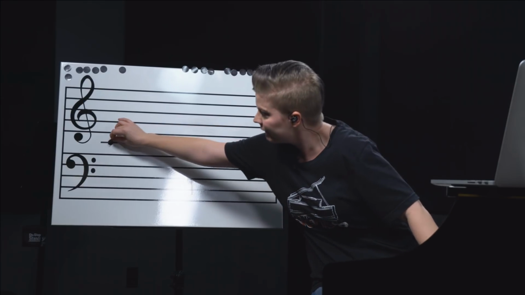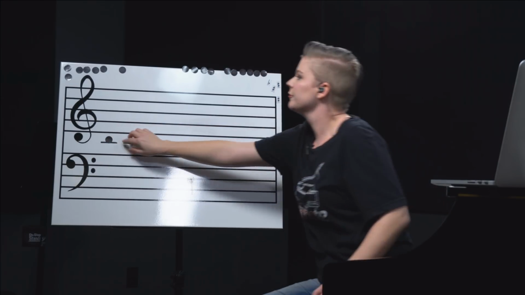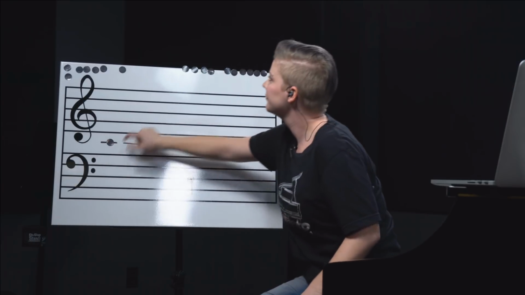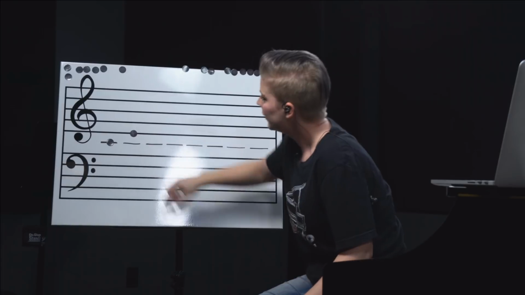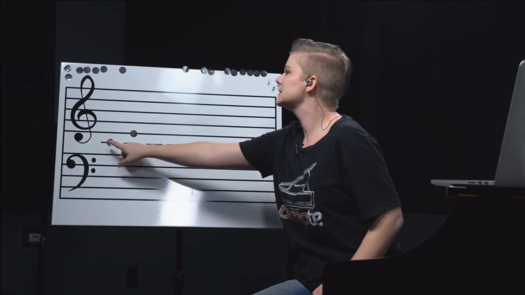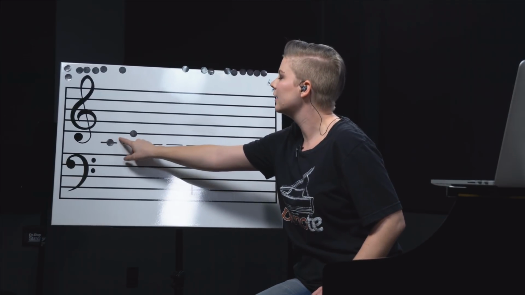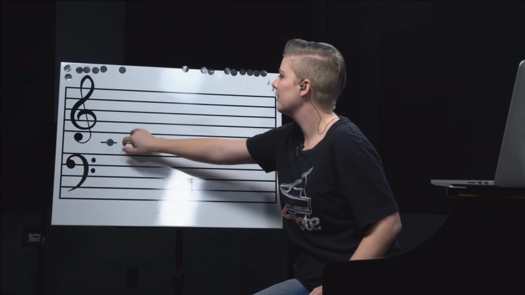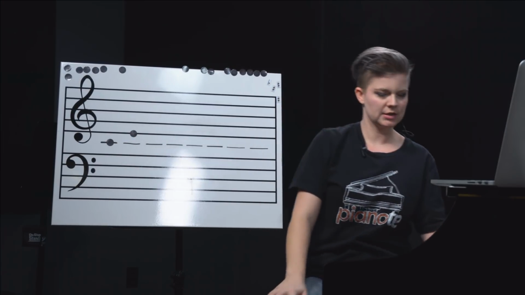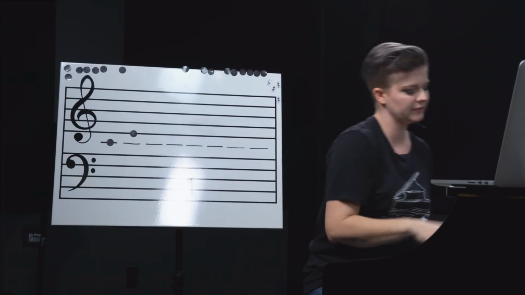And then we're going to do some guesswork, because if you know that this is C right here, and you see a note here, you want to be able to quickly deduce that we've skipped a note, so this must be E. I'm going to show you what this looks like on the piano first, and then we'll pull it all together, and you'll feel so brilliant afterwards.